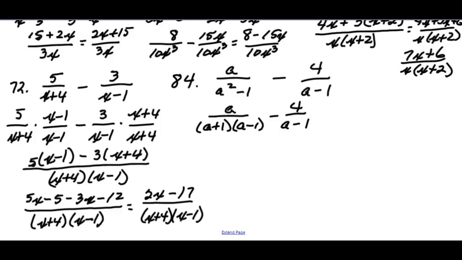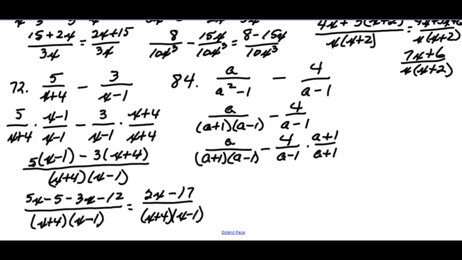So now, because we have an a minus 1 in both locations, here and here, what we're able to do is make our common denominator just the a plus 1 times the a minus 1. That means in our first fraction, a over a plus 1 times a minus 1, we don't need to do any work. In the second one, we have 4 over a minus 1. We need to multiply that by a plus 1 over a plus 1.